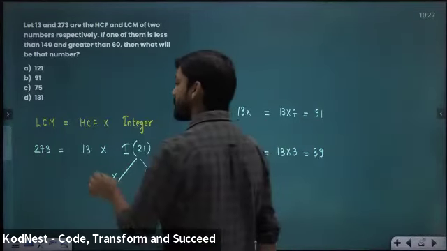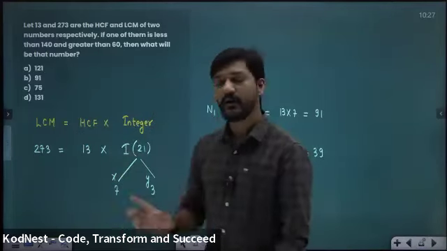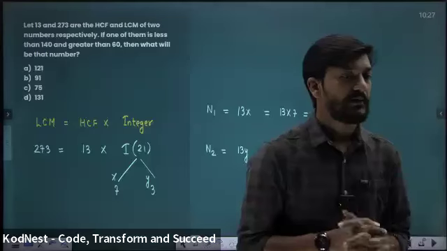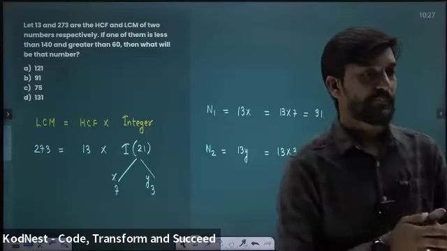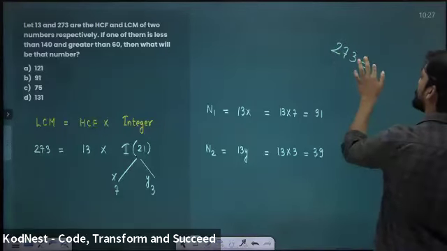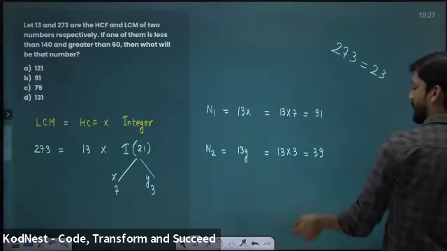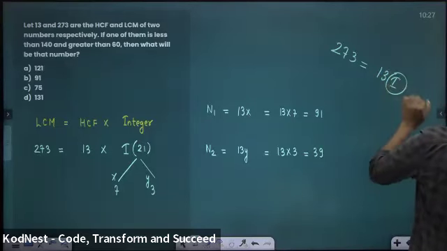Can you not solve this? 273 equals 13 into I. Can you not solve for the I value? How do you solve this? 273 equals 13I. I'm asking what is I. Can you not solve it?